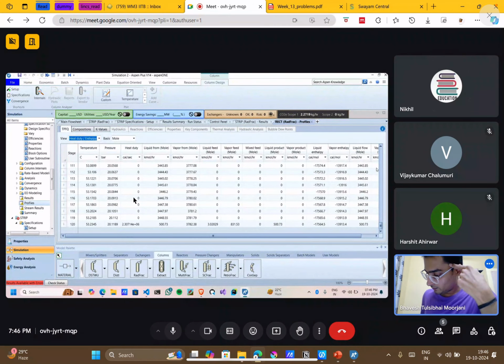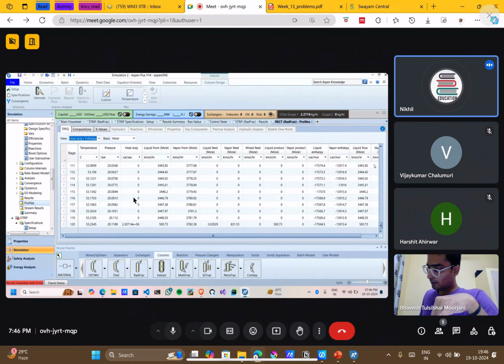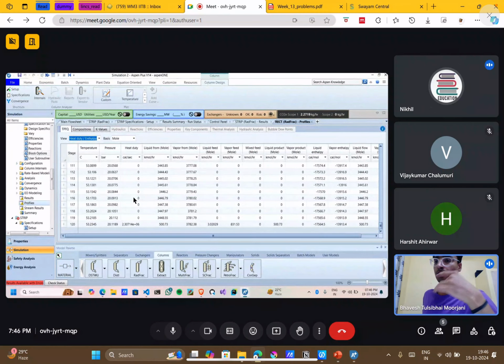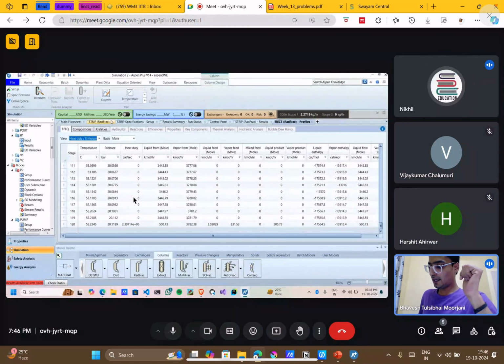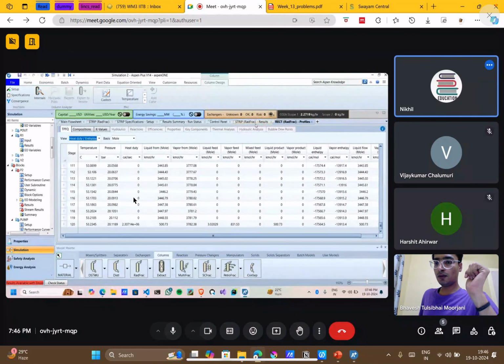Okay, so this can be changed by modifying the pressure of the stripping unit. Here the stripping unit was operating at 280 psi. So instead of that we can increase its pressure to, let's say, 300 psi. Then this error should go away. Can you go to the stripping column input? Input of stripping column.